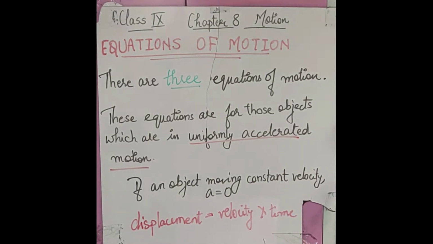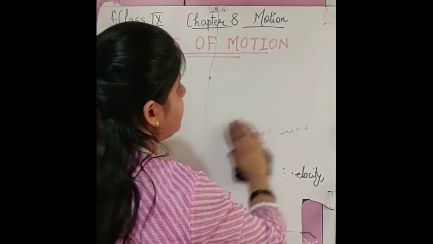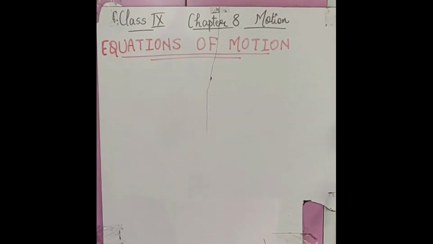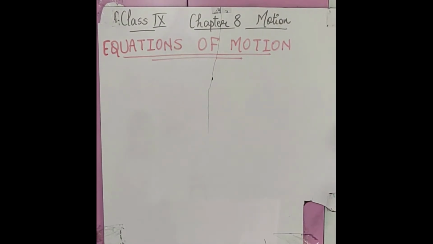Okay, so let's now obtain these 3 equations of motion graphically, because we need a graph to derive these 3 equations of motion. Here we will consider the case of velocity time graph for uniformly accelerated motion, but with one difference: we will not take the initial velocity of the object to be 0.